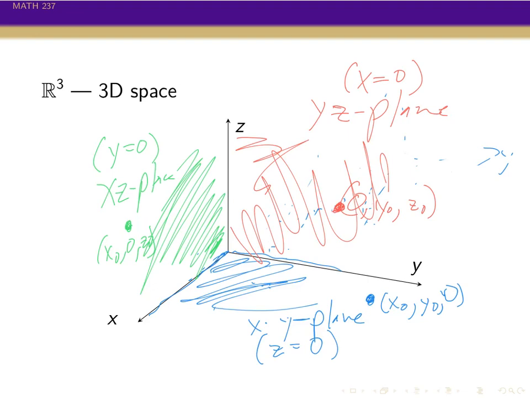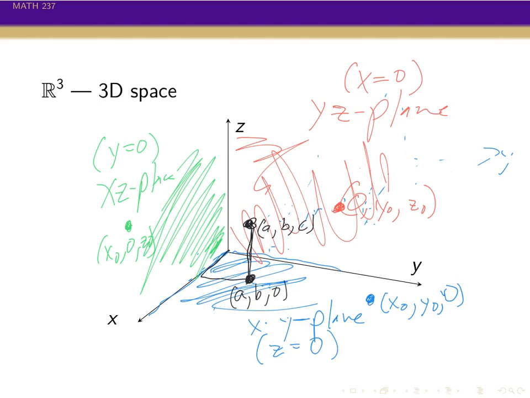And given any point, let's call this (a, b, c). The way that we drew this, this is happening somewhere in 3-space. We have this going up above some point on the xy plane. That point on the xy plane would be (a, b, 0).